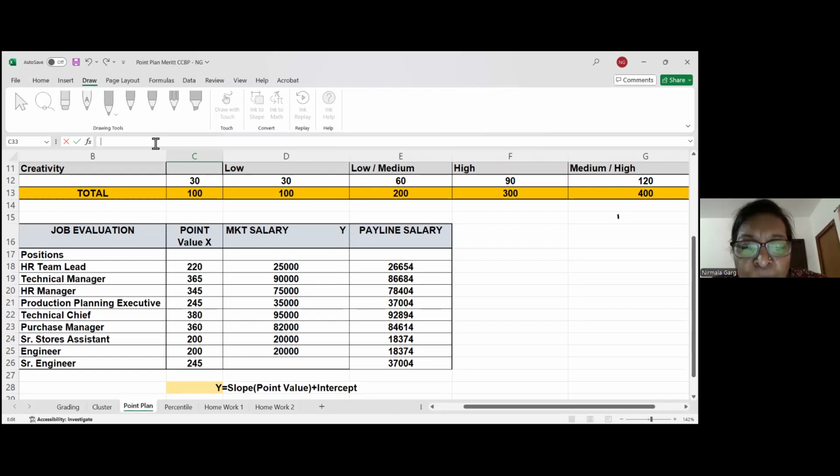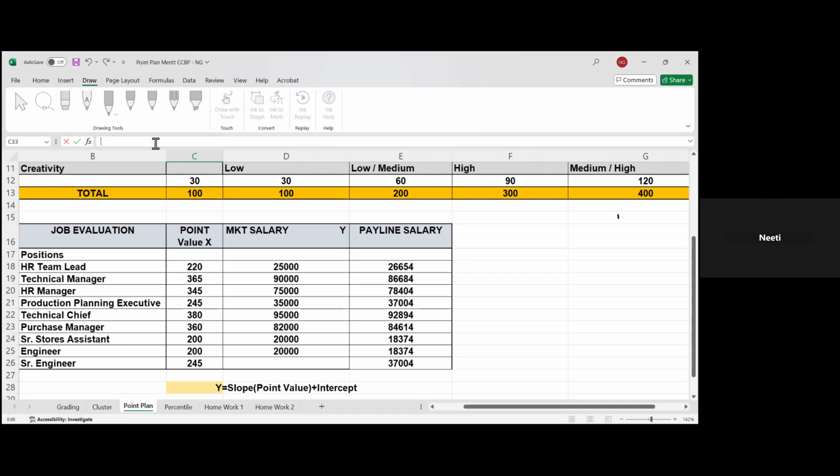If I heard you right, you said two data. You have the market data and the annualized full-time salary data. For a position like technical manager, you have the annualized salary and you also have the market data, right?